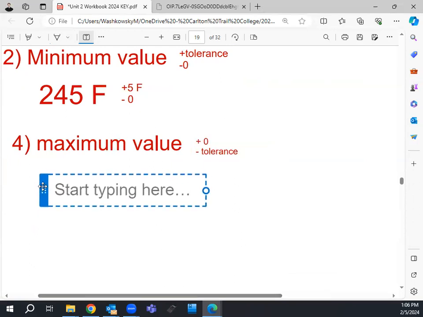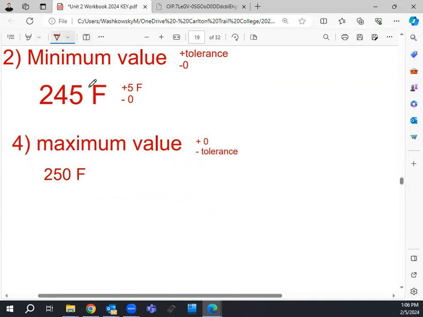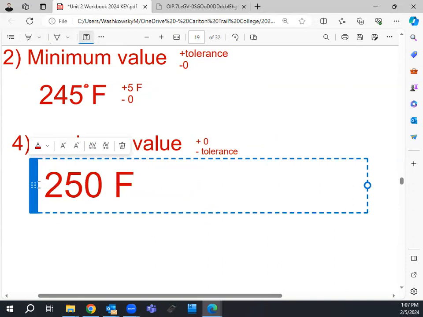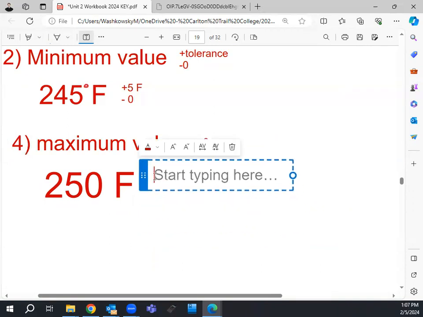So what's my maximum value? How hot can this candy get? 250 degrees, right? 250 degrees Fahrenheit. Let's make that bigger. And I'm also saying, hey, you can have it at the maximum warmth, 250 degrees, but you cannot make it any warmer.